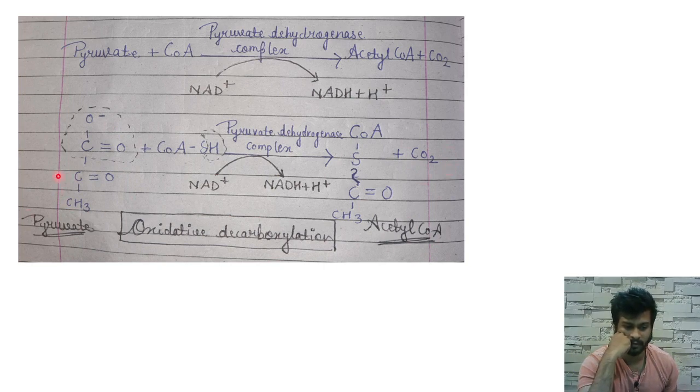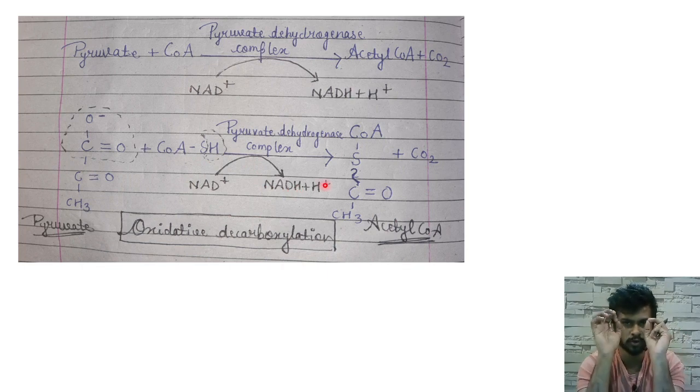The remaining part will combine with this coenzyme, CoA-SH, and I have shown it over here. CoA-SH will combine with this remaining 2 carbon, and it will form acetyl coenzyme A. The H from this coenzyme A will be accepted by this oxidized state, that is NAD+, and it will get reduced to NADH plus H+.